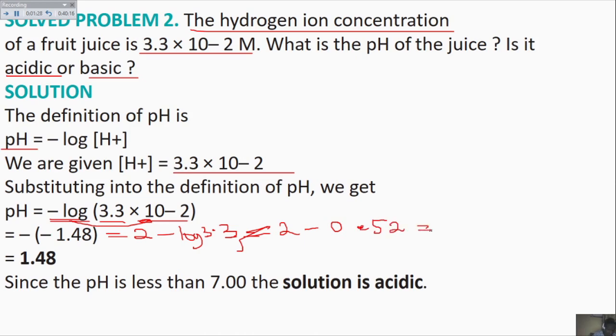Then I have 2 minus that answer. That will give you 1.48. As simple as that.